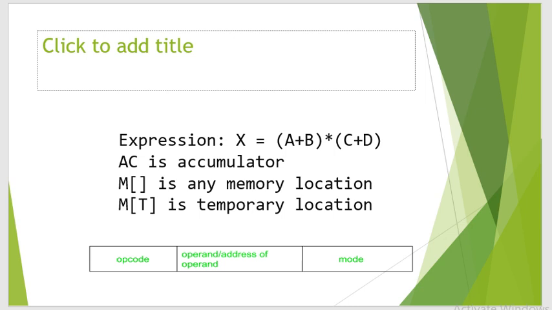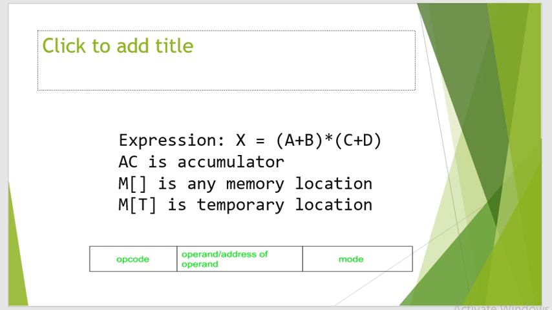Expression x equals a plus b star c plus d, same. Then the accumulator register, and the memory location t is the temporary register. The purpose of the temporary register is storing overflows or carried-out values; these inputs or data are just present in the temporary memory locations.